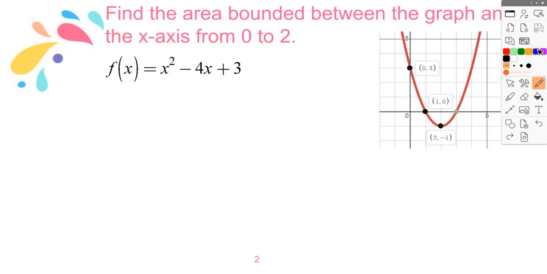The x-axis is y equals 0, which means I'm looking at that line right there, which is technically g of x equals 0. Now, the only thing we have to be careful about is where are we going from? 0 to 2. So I'm looking at this area and this area.